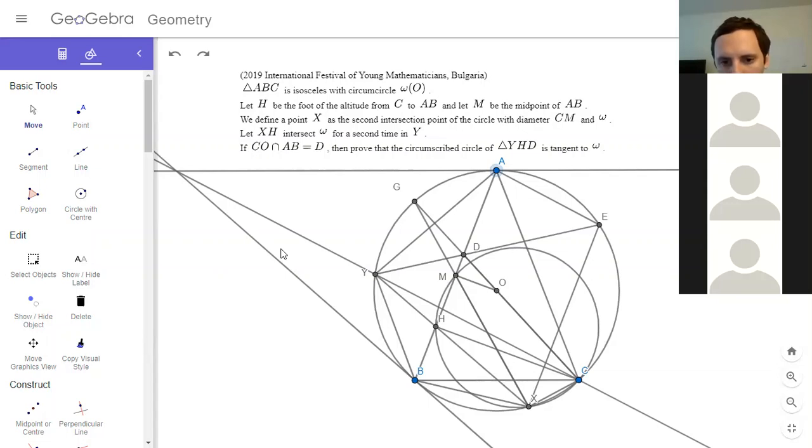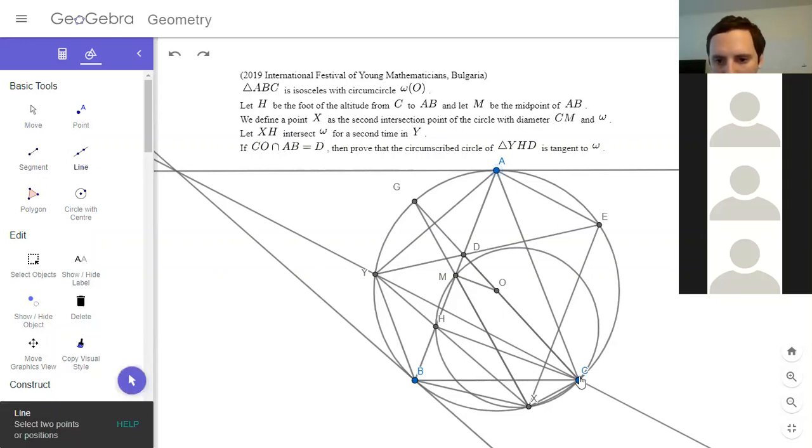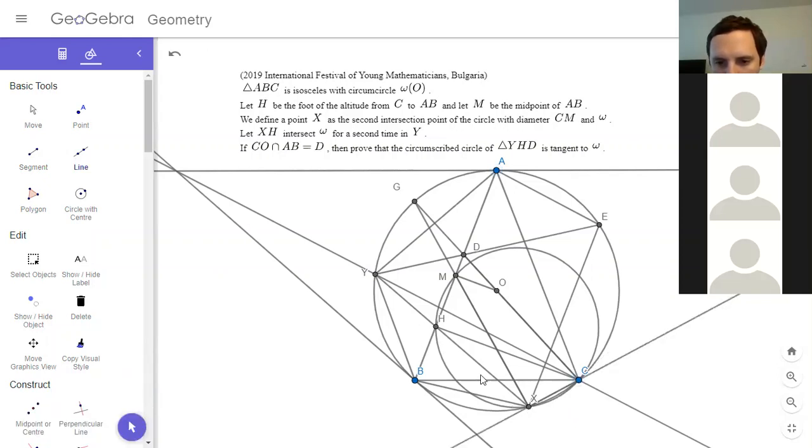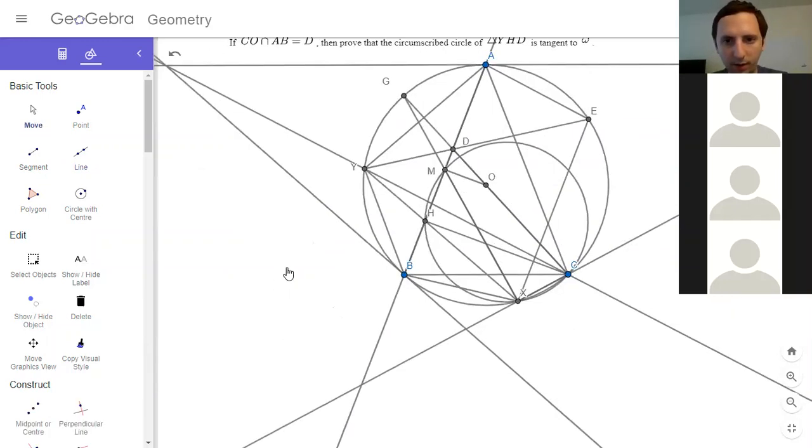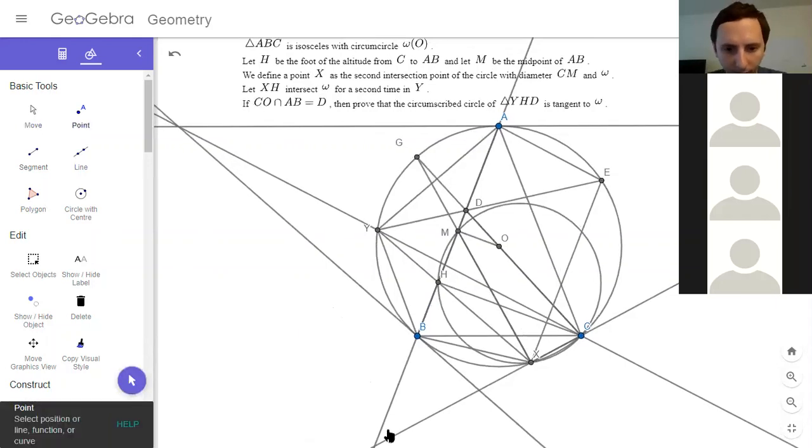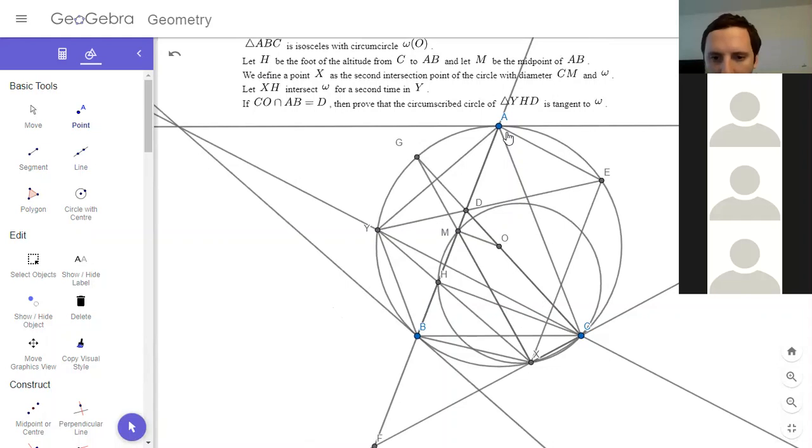Let's see, AYBC. That's the same as saying, if we draw this, if we project through X onto the line AB, we call this point down here F. We want to show A, H, B, and F are in harmonic conjugation.